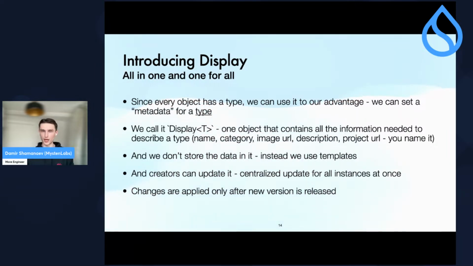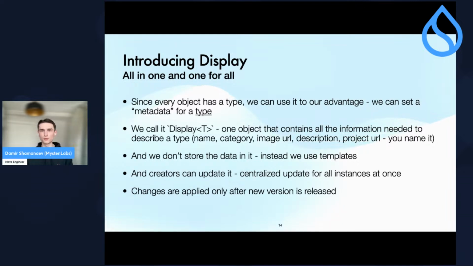And we can create an object that would define how this type is represented, how off-chain applications, wallets, explorers, marketplaces, you name it, display this specific type. We don't want to store too much data, and we can use templates. If this object was owned by the creator, they would still have the way to update the display later on, fix the display, change the description, change some parameters, extend the metadata.